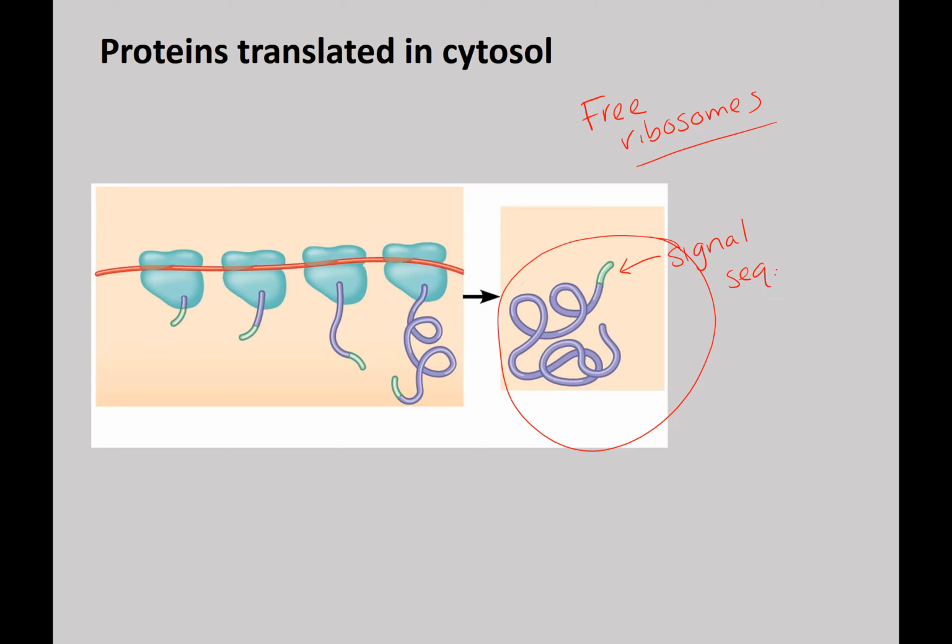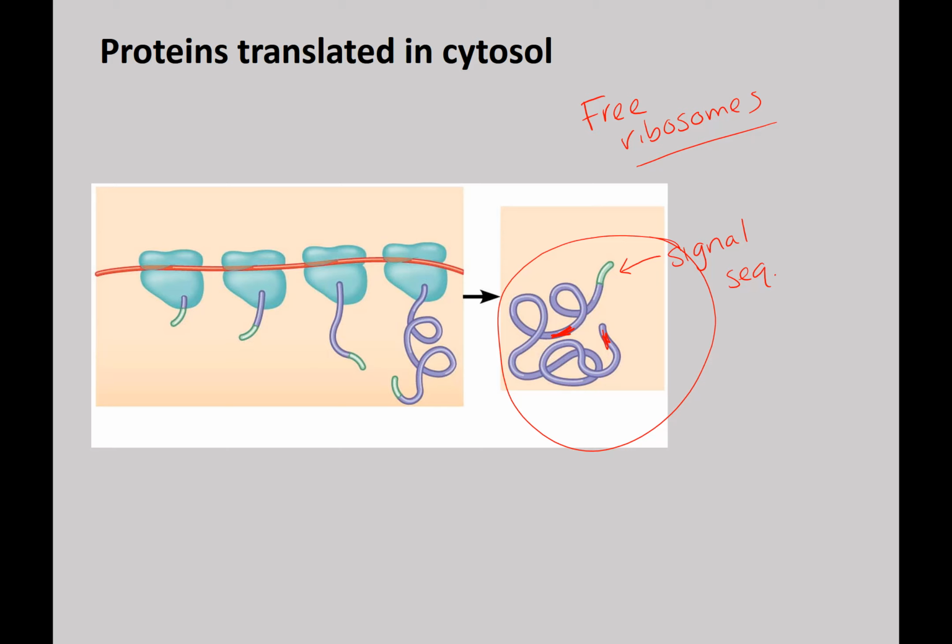Okay, so it has to have some information, and sometimes the signal sequence is in the middle or on one end or the other, but it has to have some kind of amino acid zip code so that it can get to its proper destination.